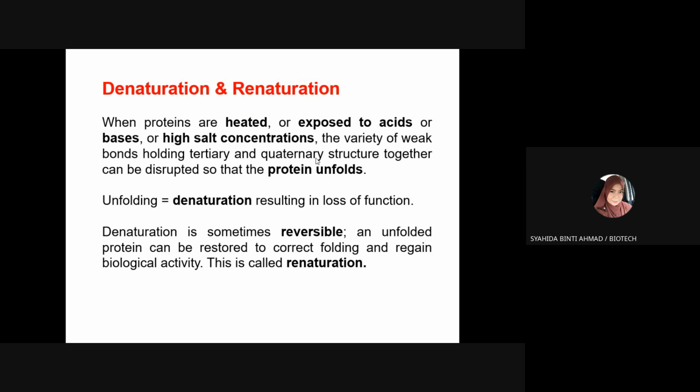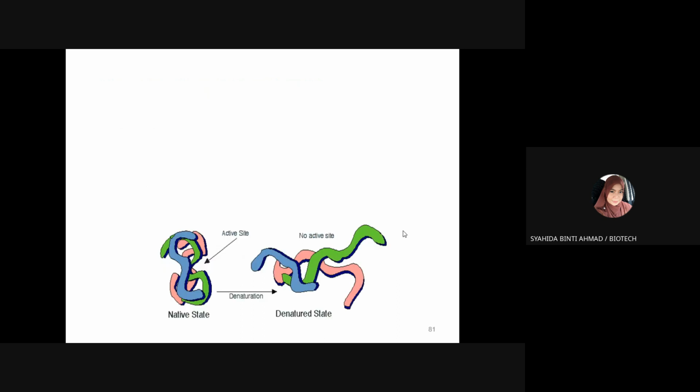And this unfolding can be reversible depending on the treatment. You can cause the protein to be refolded depending on how you treat it. So for example here, this is the native state. You know that in quaternary structure there are several subunits, right, folded either through hydrogen bonding or van der Waals.